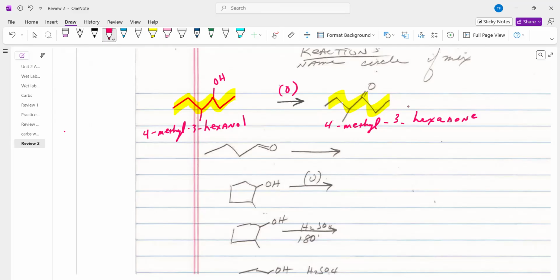Okay, we have an aldehyde with nothing happening to it. What if we oxidize it?